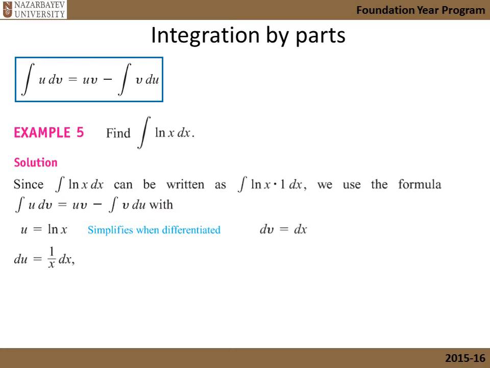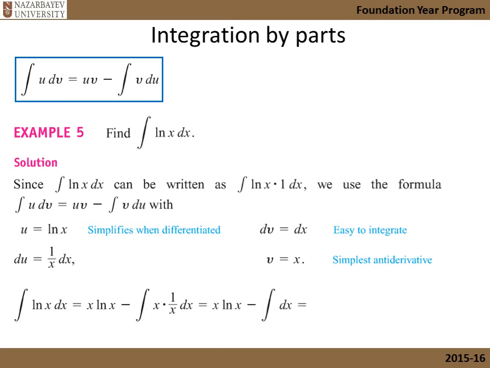Our dv will be equal to dx, then this is easy to integrate, and our v will be just x as the simplest antiderivative. And finally, our integral according to our formula will be equal to x times ln x minus the integral of v du, which is x times 1 over x dx. And finally, we have x ln x minus the integral of dx, which is x ln x minus x plus c.